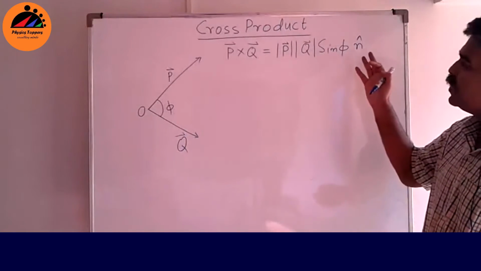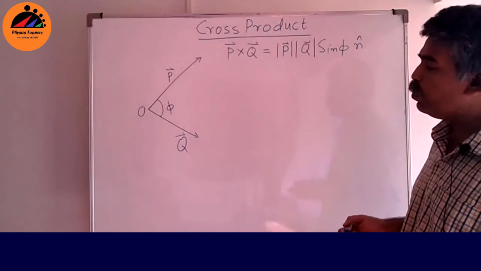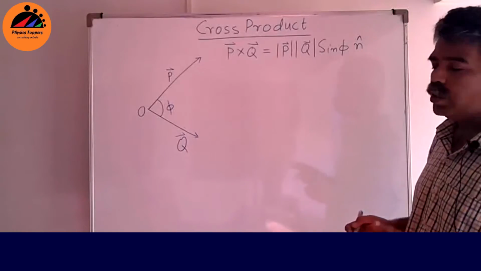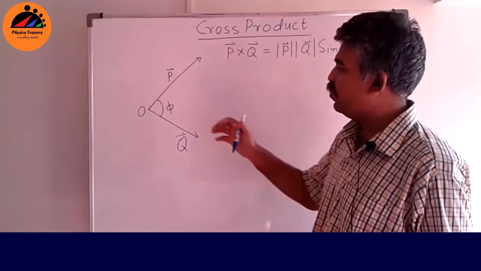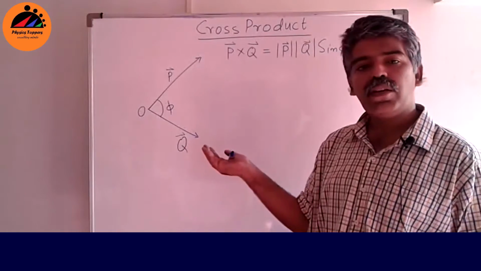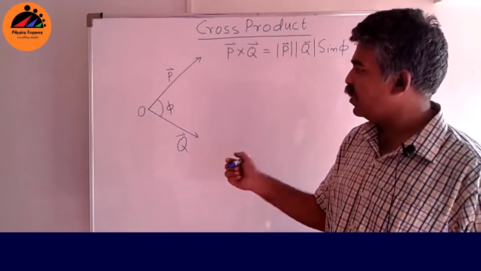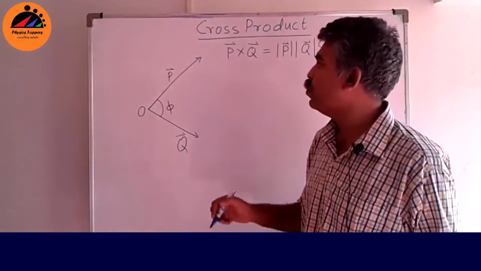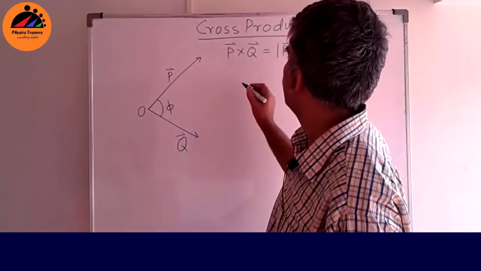Now, if this unit vector is perpendicular to both P and Q, there are two possibilities. One, the vector is into the plane of the board. The other, the vector is out of the plane of the board. The symbol goes like this.